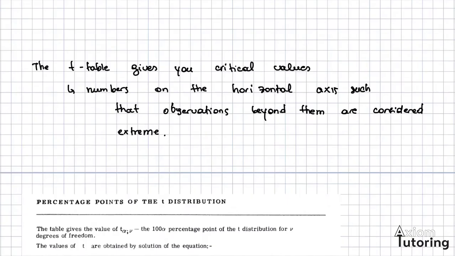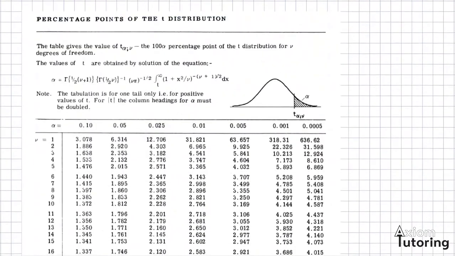Okay, so basically the table that we're going to see is answering how far from zero is too far.